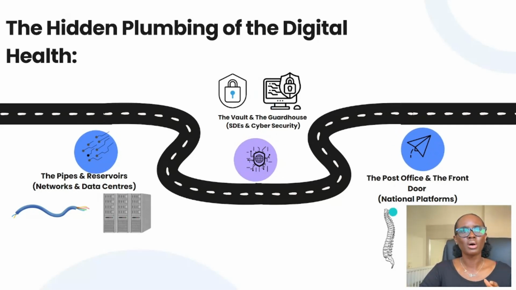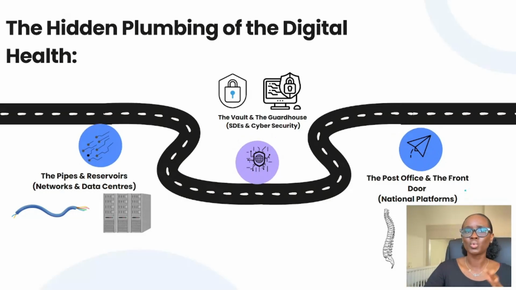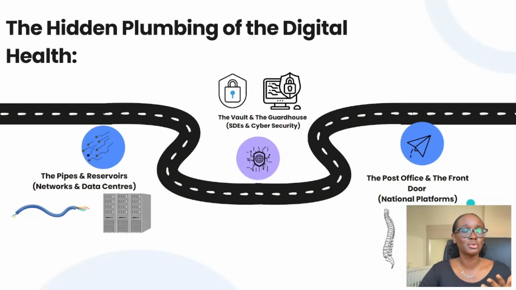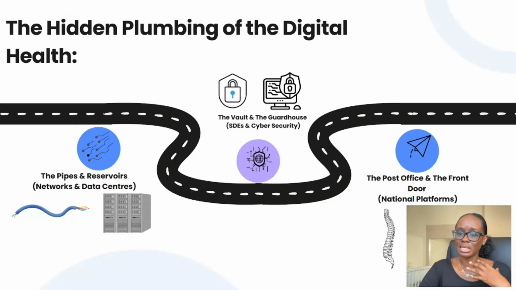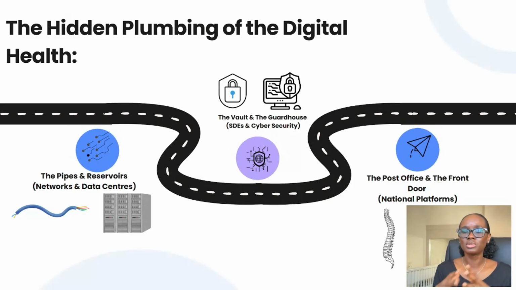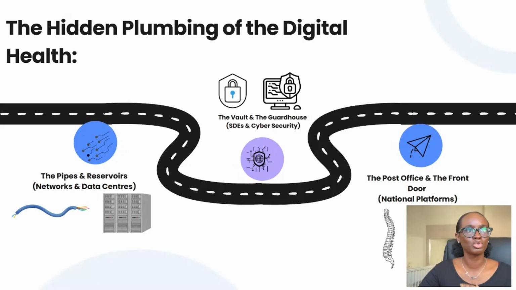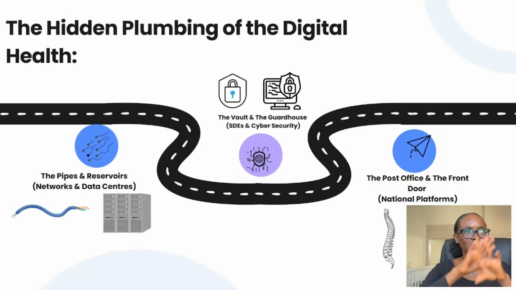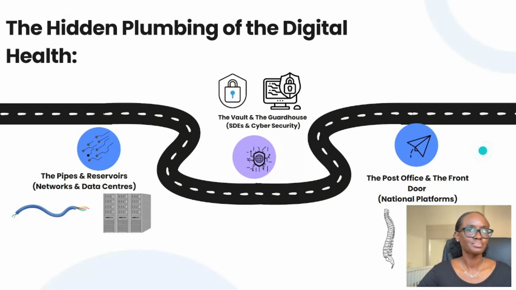Then for your spine and NHS app, this is for people who are more in between. People that can develop apps, people that can develop interfaces, because remember the NHS app is a front-facing app. So it needs to feel easy to use. The user interface and the user experience need to be good so that people can get the information right and don't have to struggle. So when you think about this plumbing system, these are the roles you'll find within it.